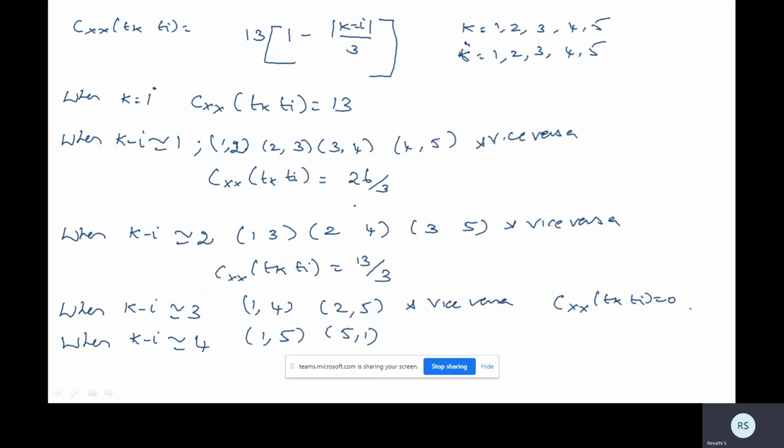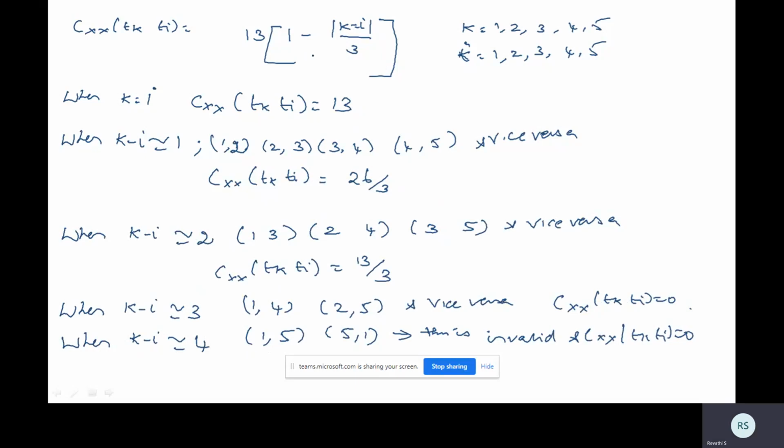Please remember, Rxx should not be a negative value. Covariance should not be a negative value. Therefore, this is invalid, and Cxx of Tk comma Ti is equal to 0. So please remember, you are having the K minus I difference is 4.